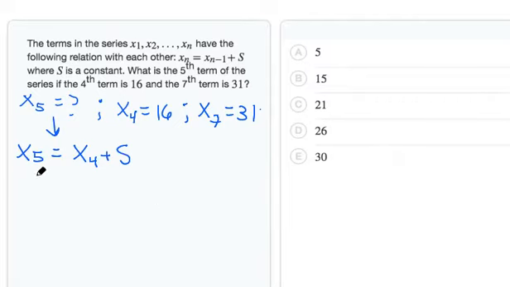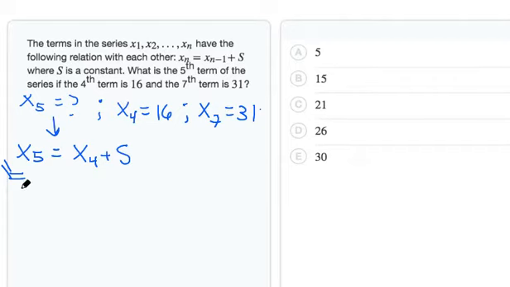So let's take our series and set up a pattern. We'll start with x sub 4 because that's the smallest x sub n that we know of.